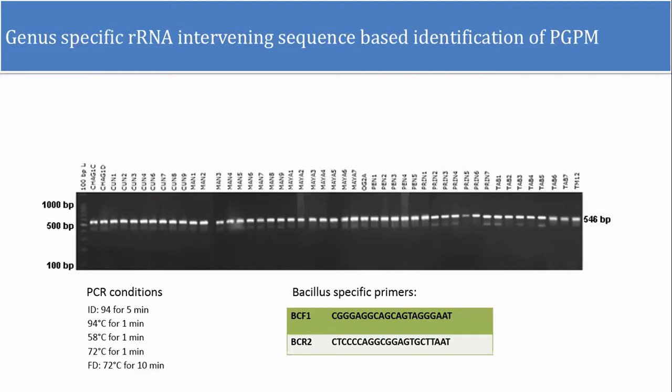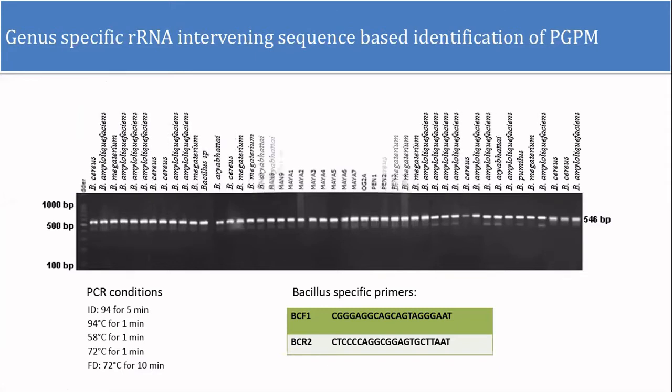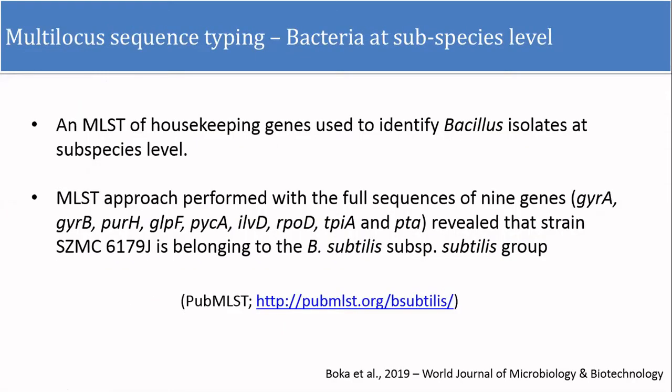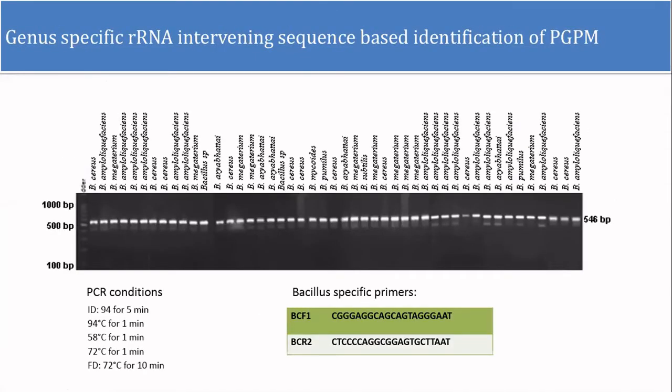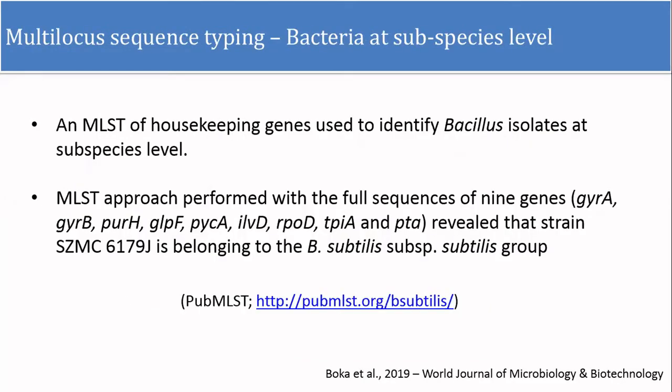When we did the sequencing and after the BLAST, we found that they belong to different species, ranging from Bacillus cereus and megaterium and amyloliquefaciens based on their homology. This is an example of how we could use the 16S rRNA intervening sequence specific primers to identify the organisms.